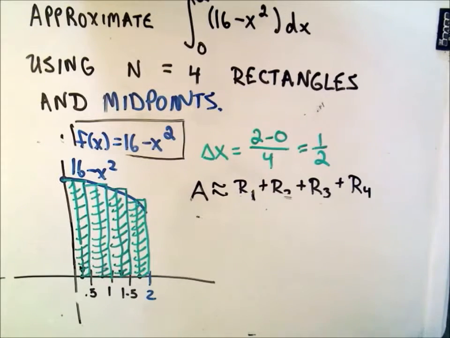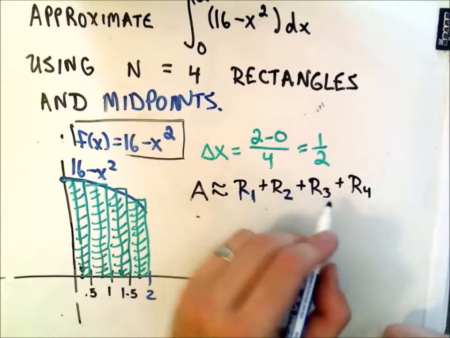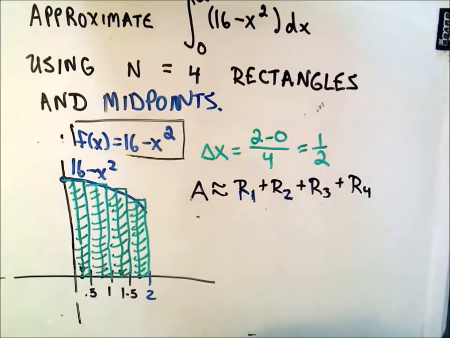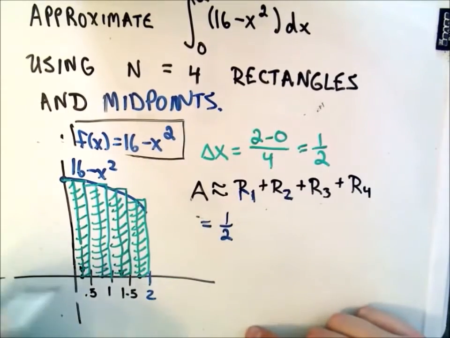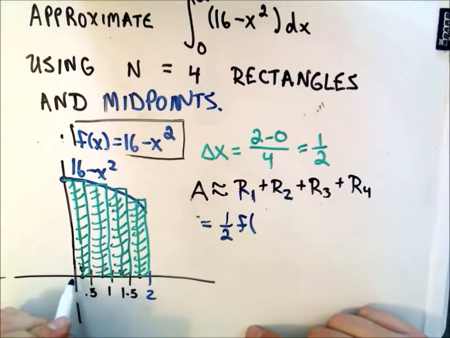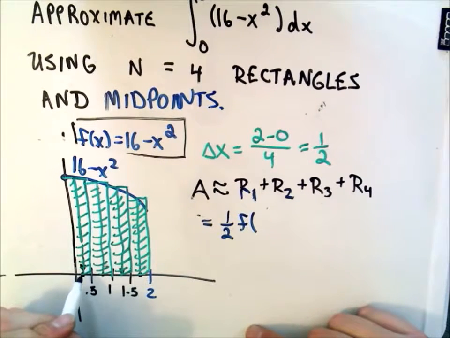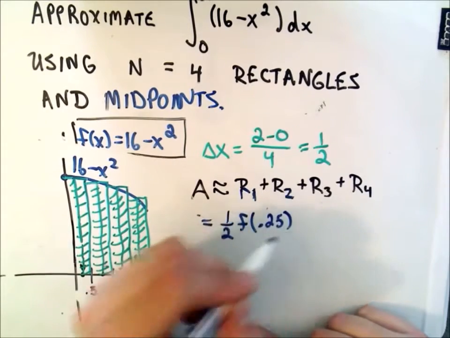Well, again, everything's the same. We're still adding up areas of rectangles. Rectangle 1 plus rectangle 2 plus rectangle 3 plus rectangle 4. The only thing that's changed, the width is still the same, but to get the height, notice from the first interval, that's from 0 to 0.5, the midpoint is going to give me the height of the function, so I would need to plug 0.25 in.